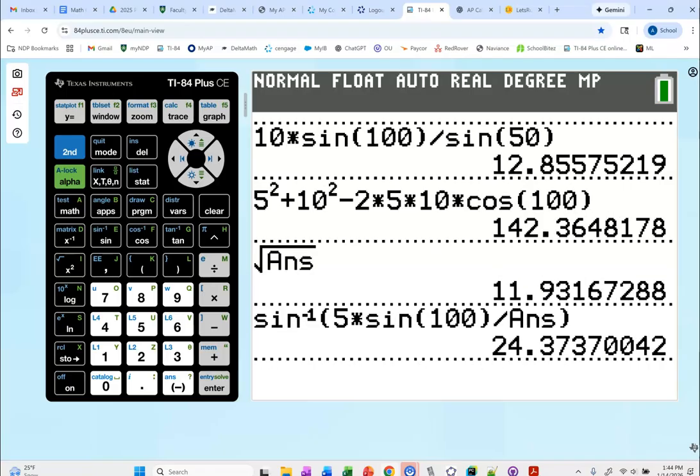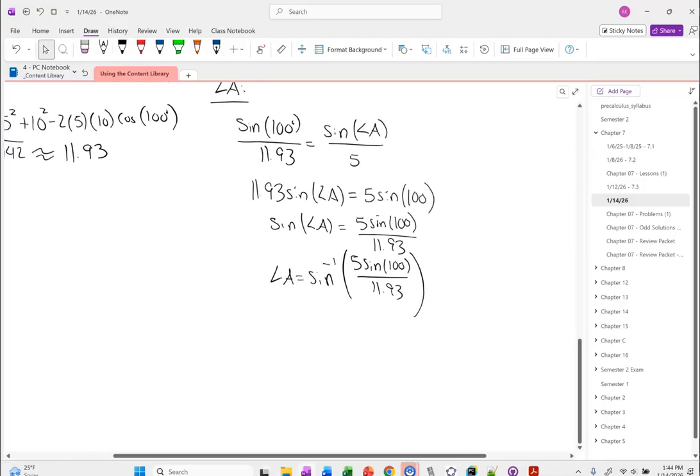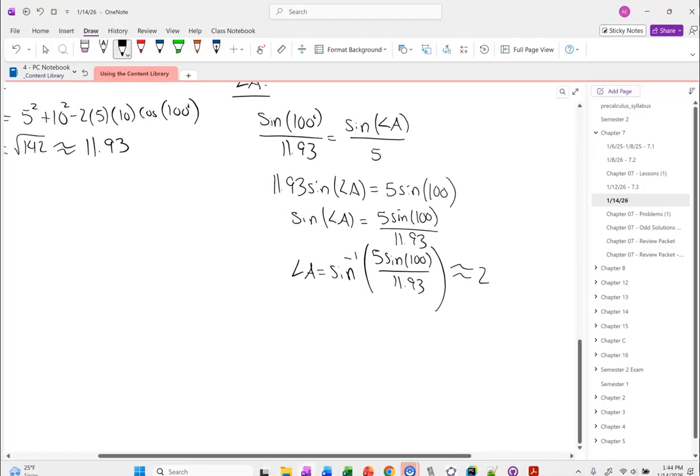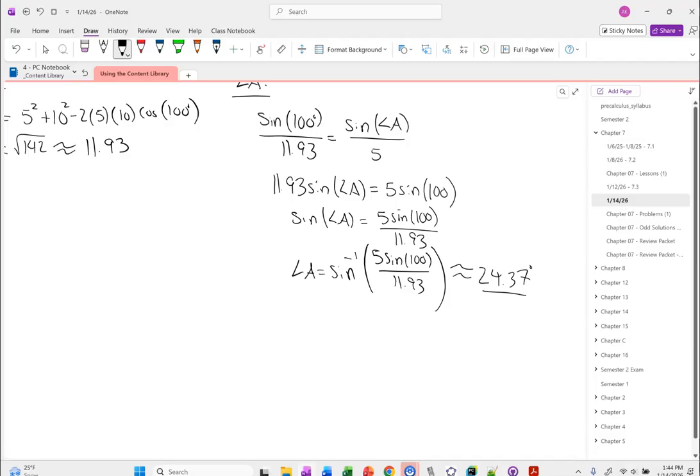So I have 24.37. And how do I find angle B? Just 180 minus the other angles. Good.